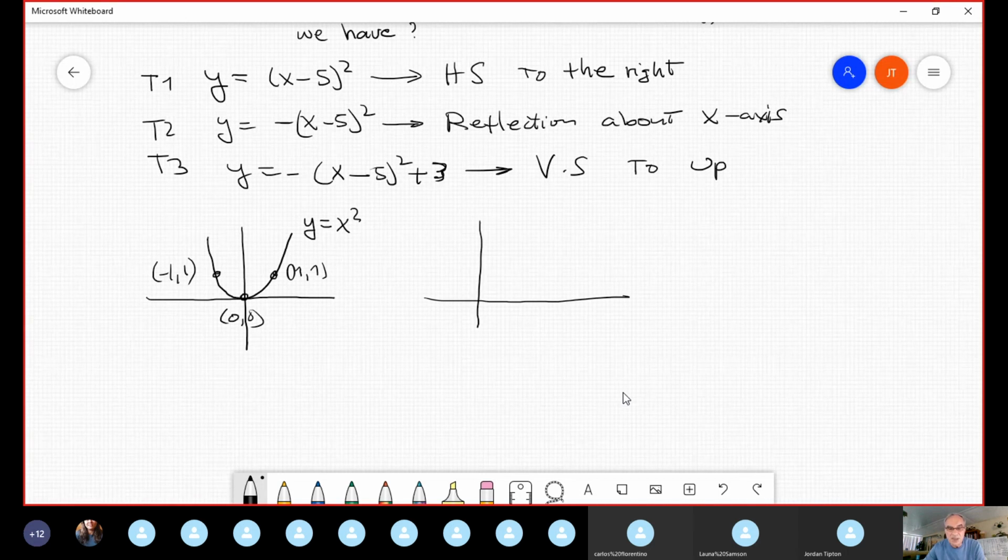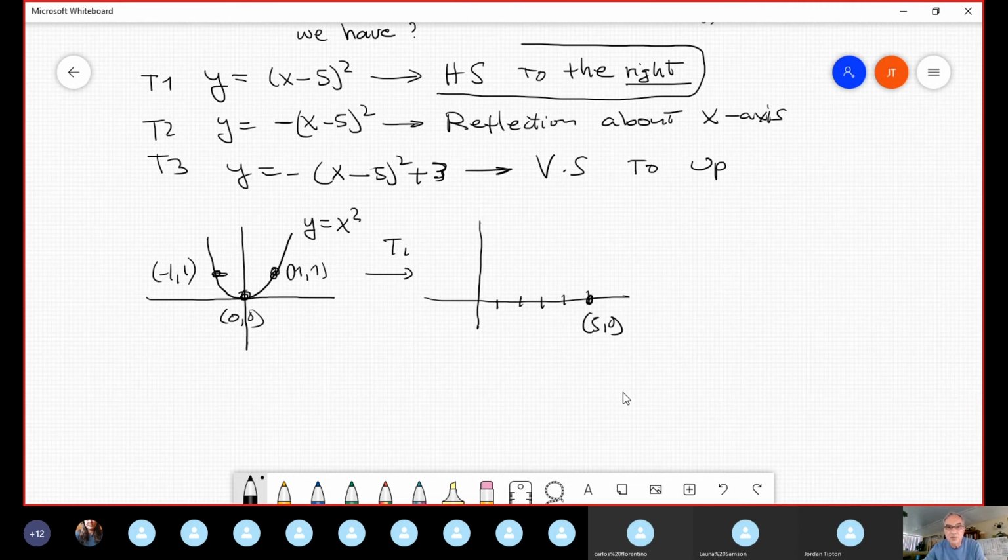Horizontal shift means that any point on this parabola moves to the right 5 units. This point, normally (0,0), now would be 1, 2, 3, 4, and 5: (5,0). This is the transformation number 1. It was horizontal shift to the right.